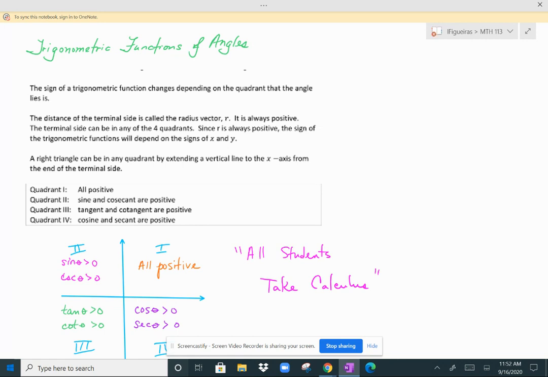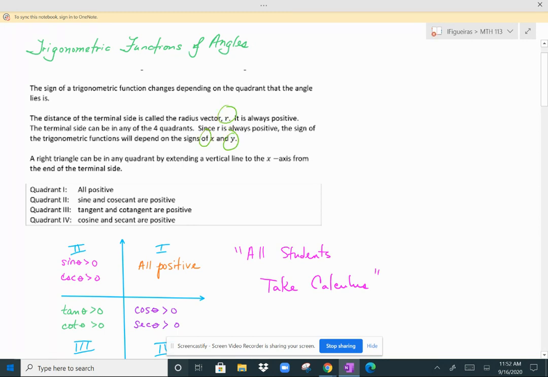The sign of the trigonometric functions then depends on the sign of x and y. The x will be the horizontal distance along the x-axis, and the y will be the vertical distance along the y-axis. And then remember, all of our trig functions are a ratio of two of these three sides.